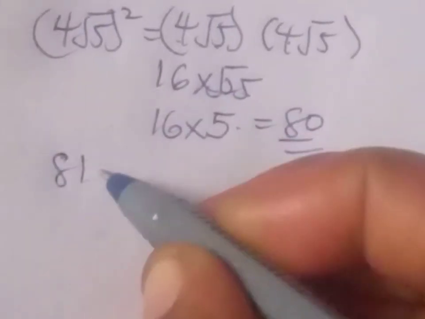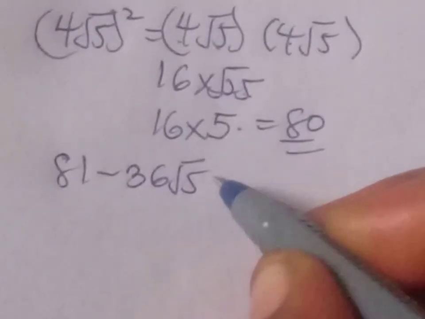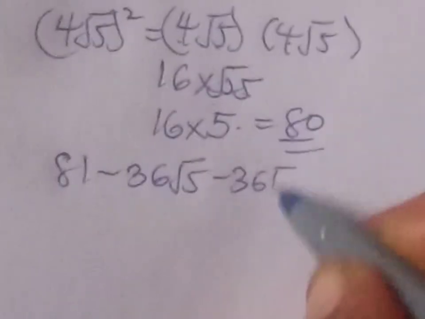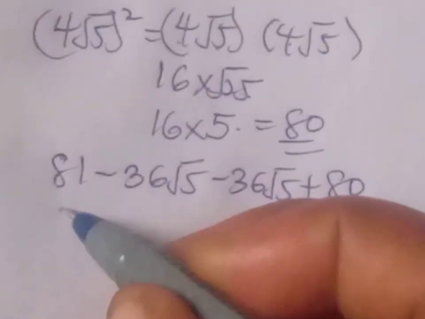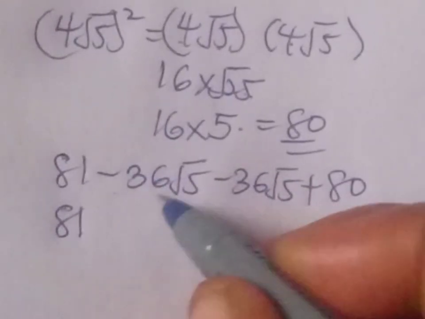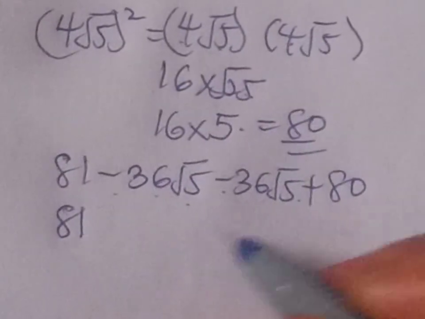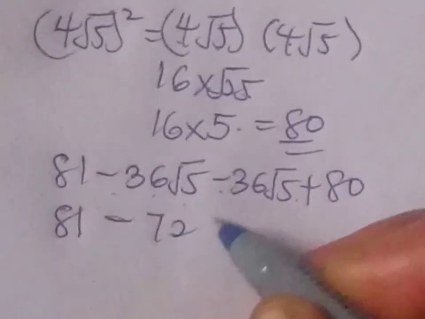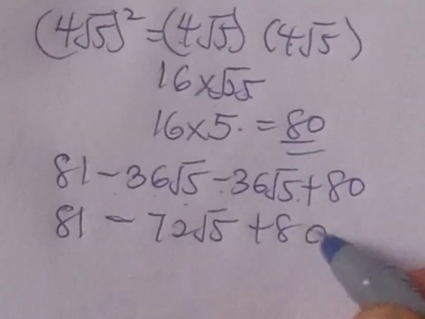which is 81 minus 36 root 5 minus 36 root 5 plus 80, which gives us 81 minus 36 root 5 minus 36 root 5 will give us minus 72 root 5 plus 80.